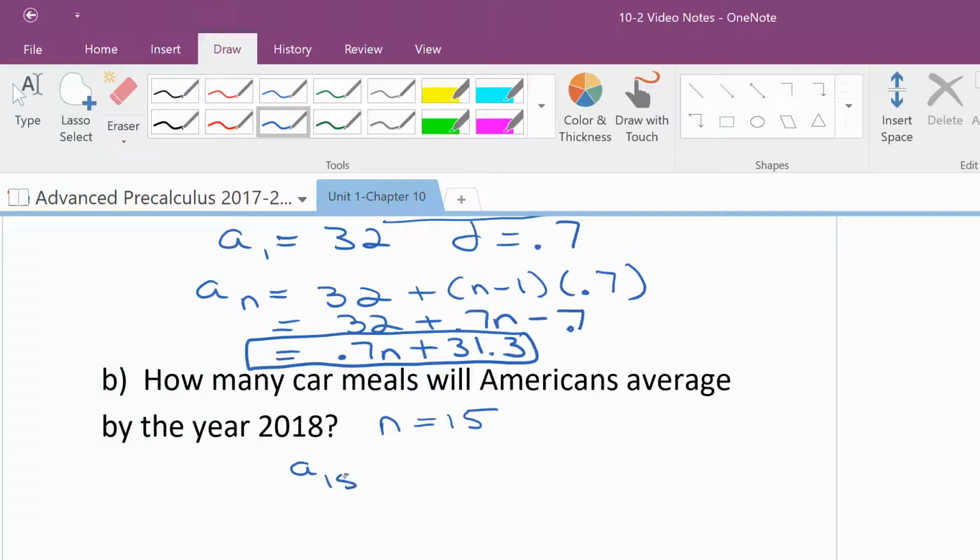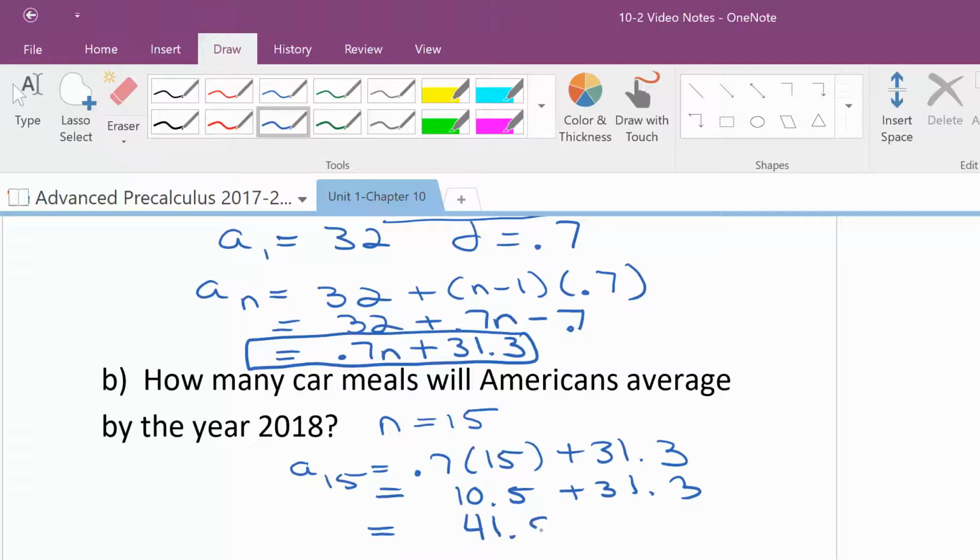So a sub 15 is equal to 0.7 times 15 plus 31.3. 0.7 times 15 is 10.5, plus 31.3, so that means you have 41.8 meals that they average in their car by the year 2018.